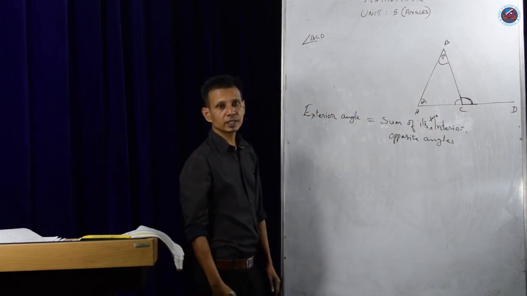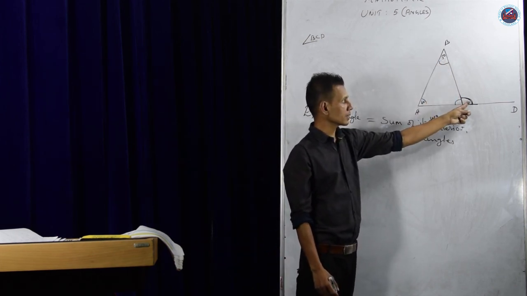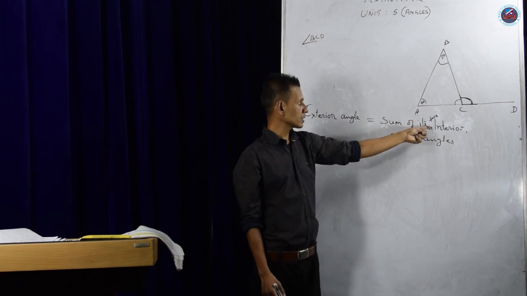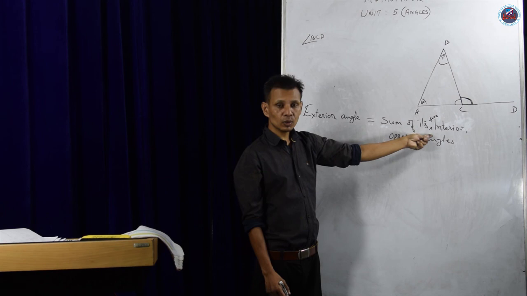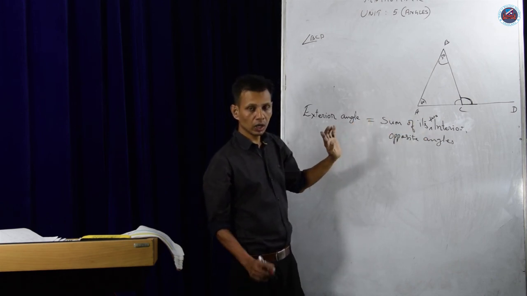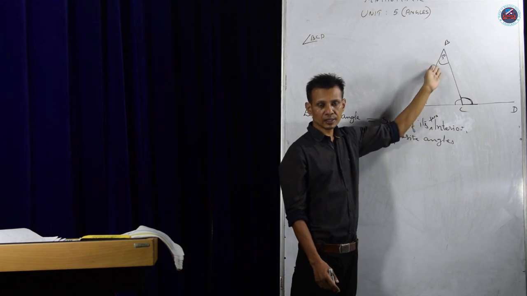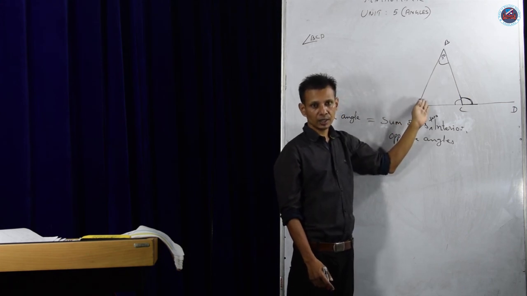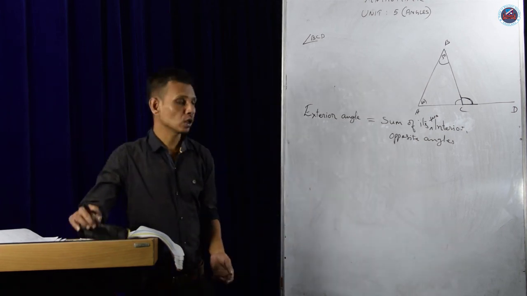These are the opposite interior angles. So when you add up this and this, you will get this. It says sum of its 2 interior opposite angles is equal to exterior angle. Always, okay? When you add up 2 interior opposite angles of an exterior angle, you will get exterior angle. That is the formula, okay? Let's solve and check out.